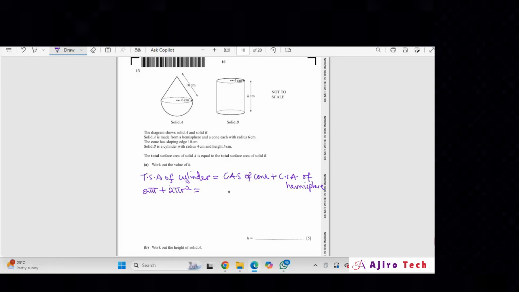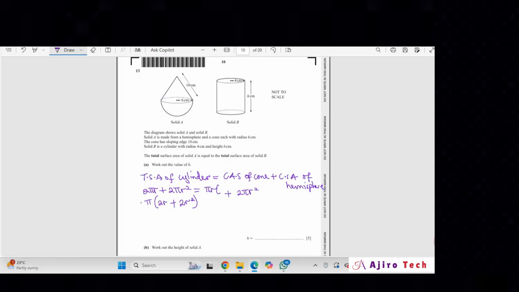Then equal to the curved surface area of a cone, which is given by the formula pi r l, plus curved surface area of a hemisphere, which is 2 pi r squared. This is the formula. So I can rewrite this. What is common here? Pi is common. Let me put pi out, which gives 2r plus 2r squared. That's all you get. 2r plus 2r squared.